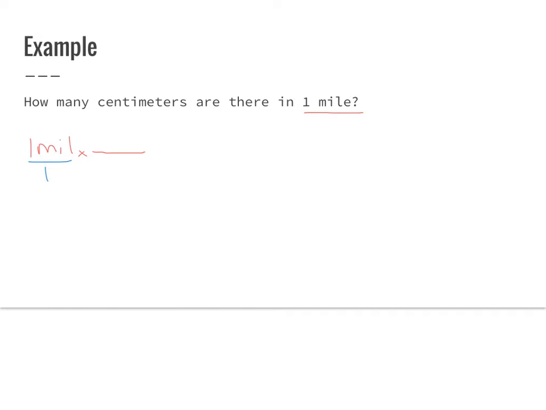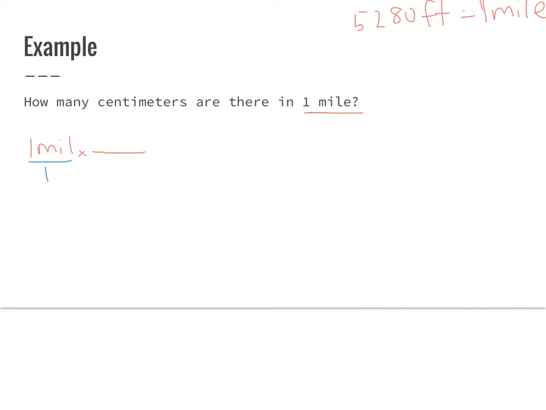Okay, so off the top of our head, do we know how many centimeters there are in 1 mile? Probably not. Do we know how many inches there are in a mile? Probably not. However, if we go back to the conversion factors that we saw a couple of slides ago, we do know that there are 5,280 feet in 1 mile.